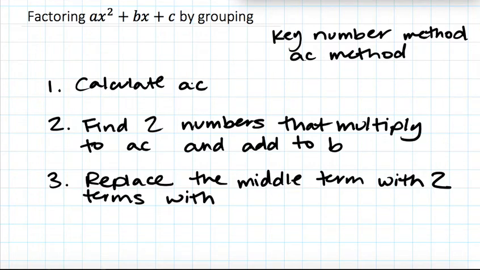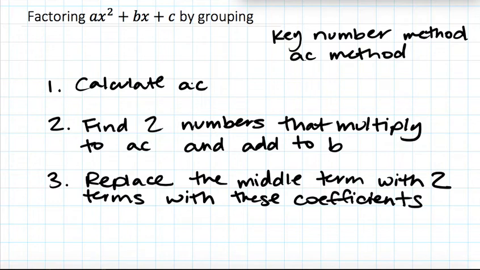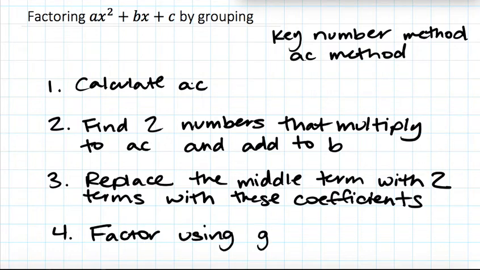So the two numbers that I find in step 2 are going to become the coefficients that we're going to replace the middle term with. And then lastly, we're going to factor using grouping. So we'll get some more practice with grouping here.